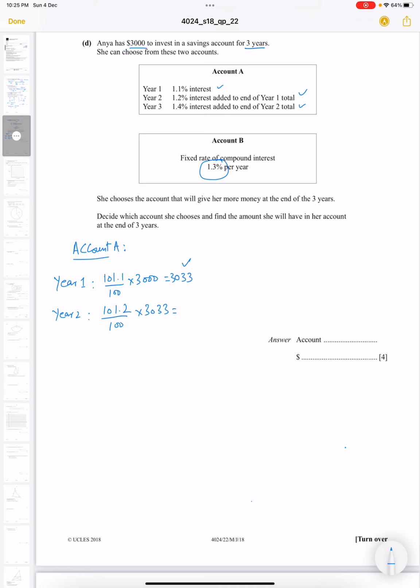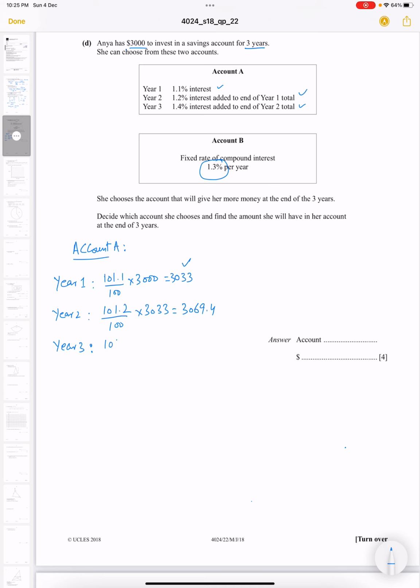So our answer will come out to $3069.4. And then at the end of year 3, it's 1.4%.